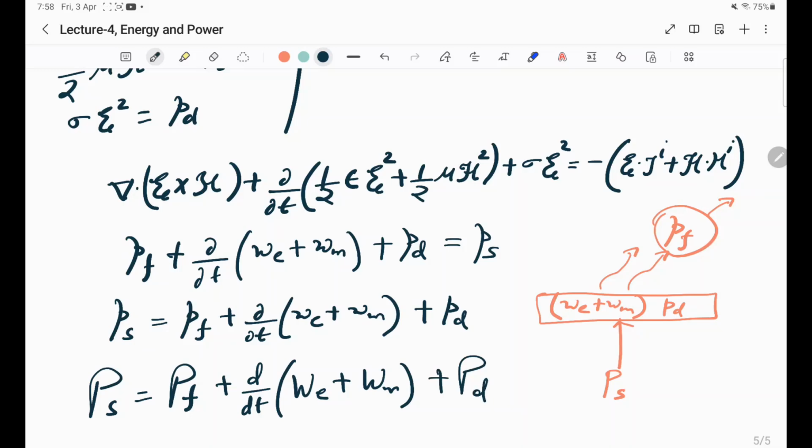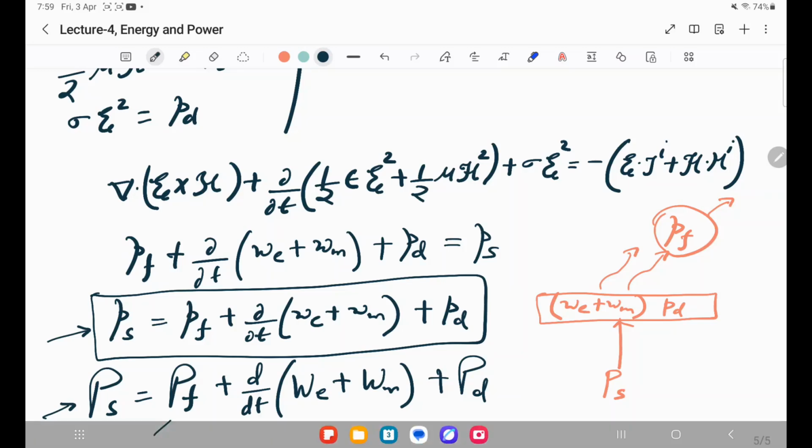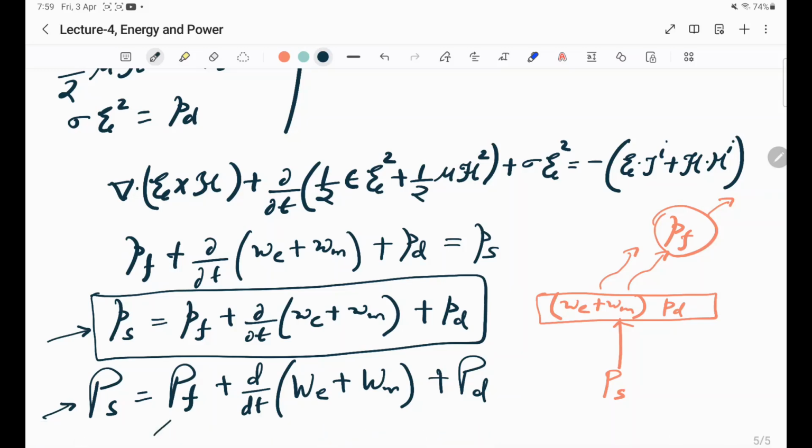So what we have done is, we have simply done triple volume integration on this equation, and we have got the total supplied power is equal to the total power flux plus the total electric and magnetic energy plus the total power which is dissipated as heat.